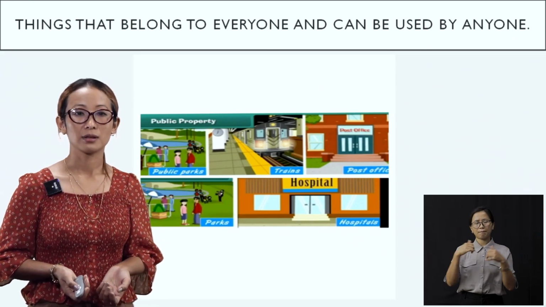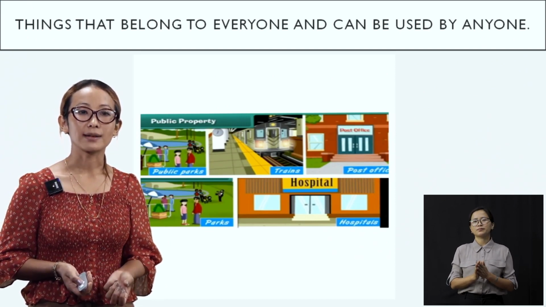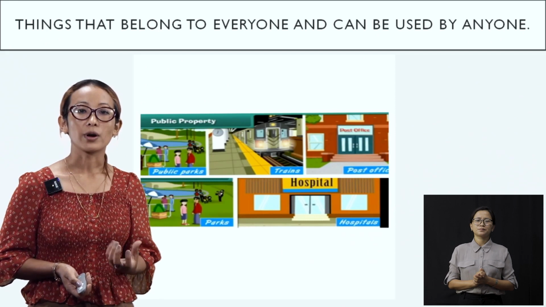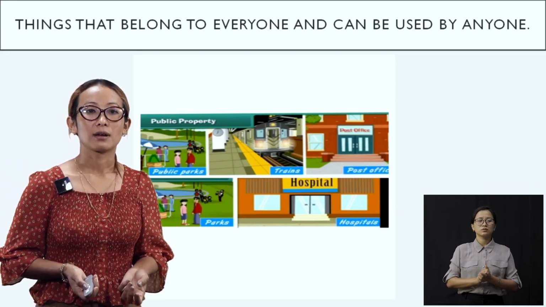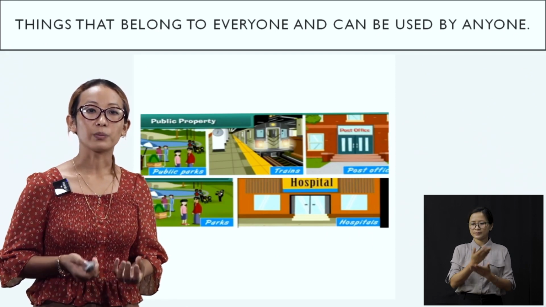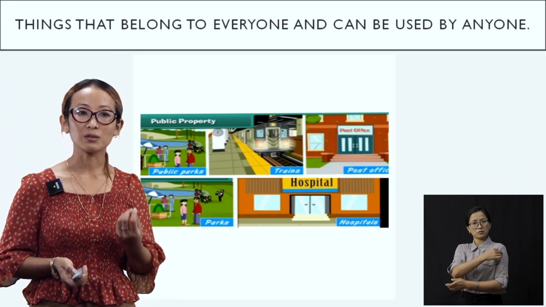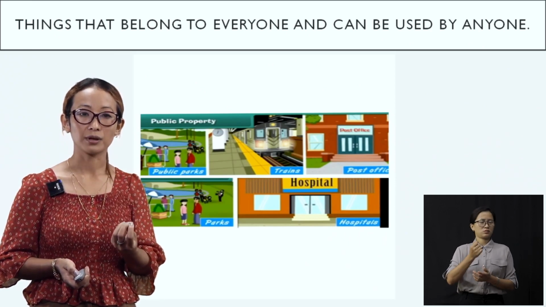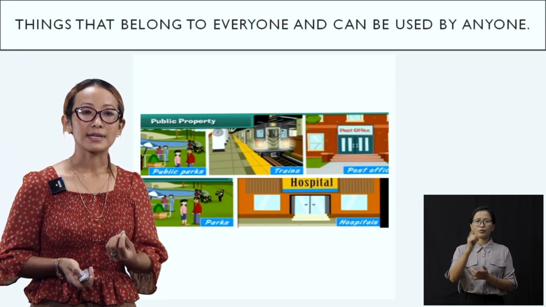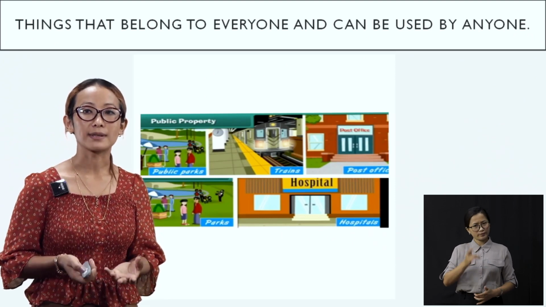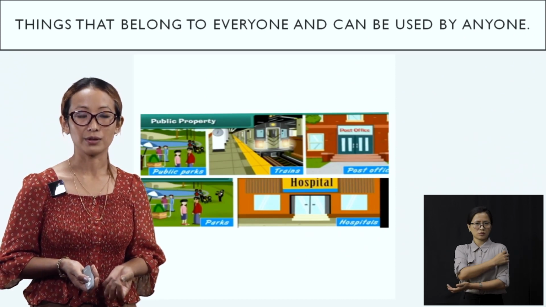So the parks, the public transport such as a bus or a train, a post office, or a hospital are things that belong to everyone. Yes or no? The hospital does not belong to you alone. It belongs to everyone, because whenever we feel sick, everyone goes to the hospital and consults the doctor in order to get well.